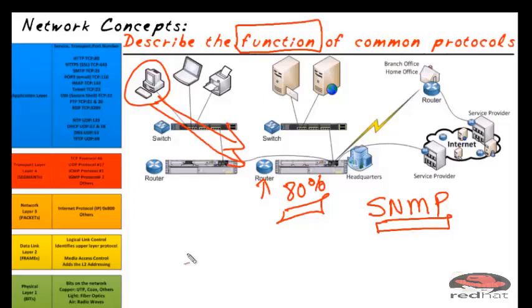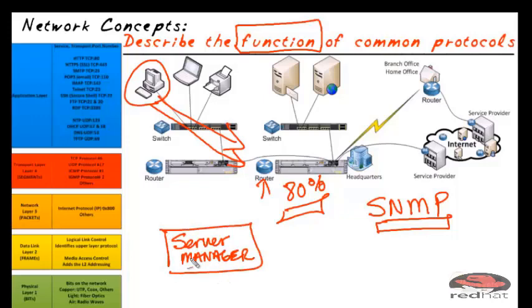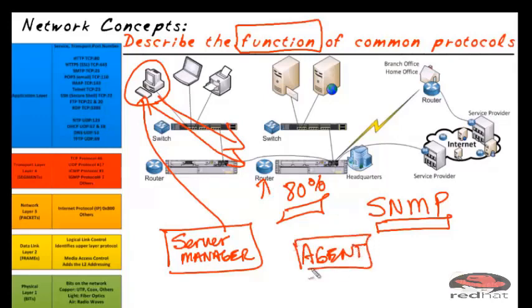It's got two pieces. There's a server, also called a manager, and that usually lives on, you could actually run one on your PC. There's just software that runs on your PC. And then what you're going to do on the device you want to manage, it's going to run an agent. And that runs in software.